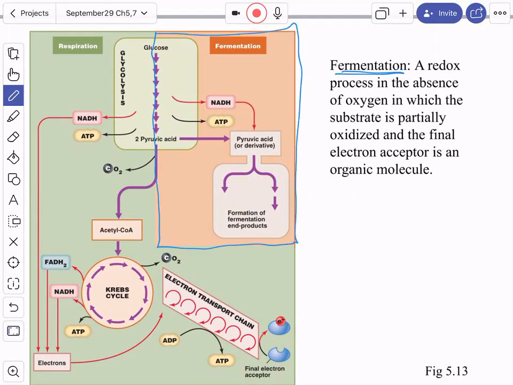A redox process in the absence of oxygen in which the substrate is partially oxidized and the final electron acceptor is an organic molecule. Let me just underline that. Final electron acceptor, almost always something organic, almost always something already in the cell.